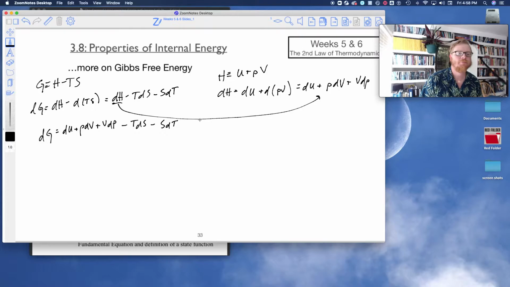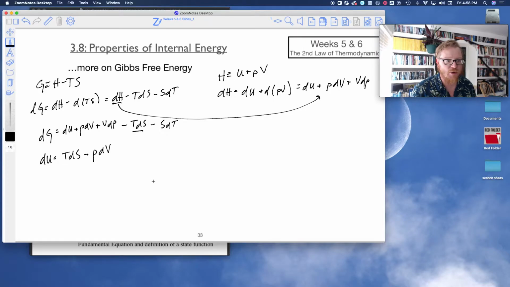All right? So now, applying the fundamental equation, okay? So the fundamental equation says dU equals TdS minus PdV. And let's see, I've got a TdS right there, and I've got a PdV right there.